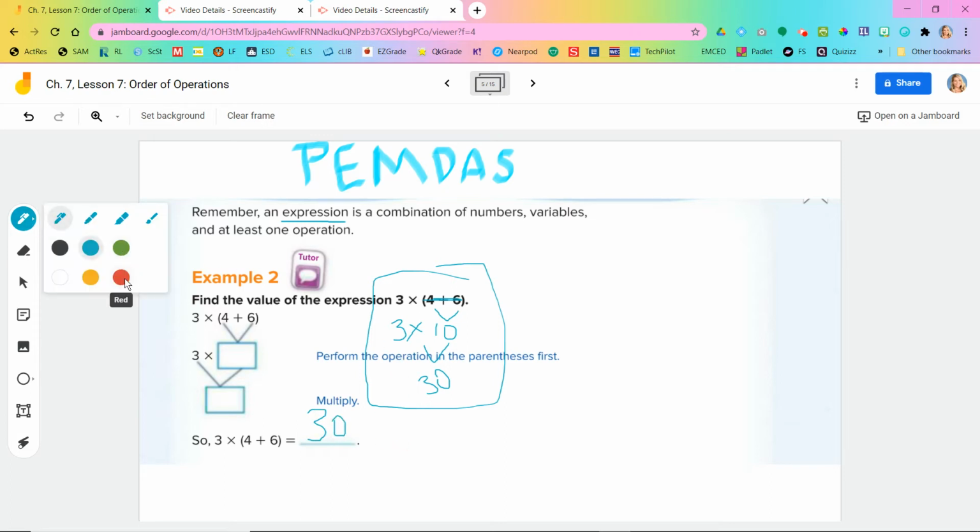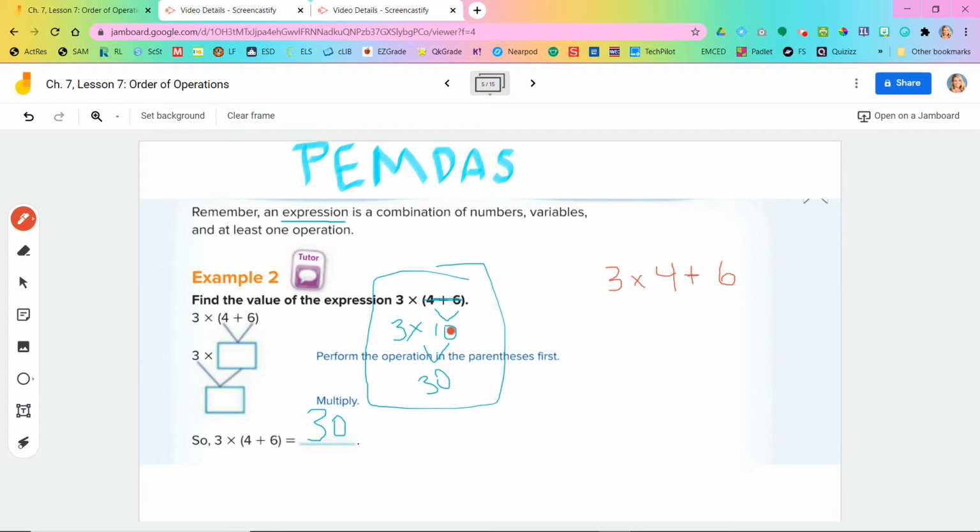Now I want to come over here to the side. I'll use a different color pen and show you why order of operations is so important. If my parentheses did not matter, if I have just this problem right here without the parentheses, let's see what would happen.